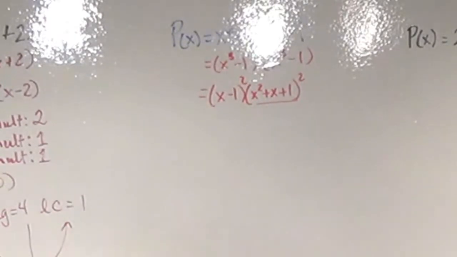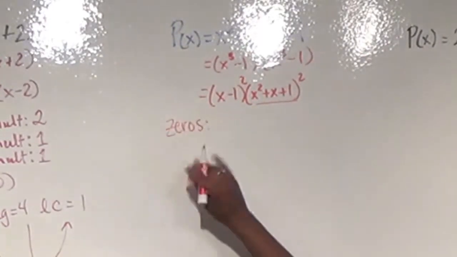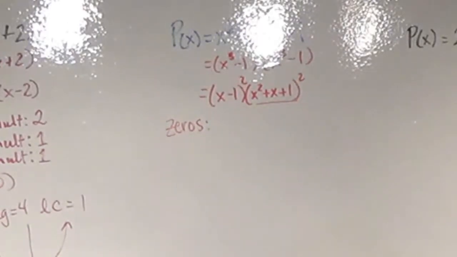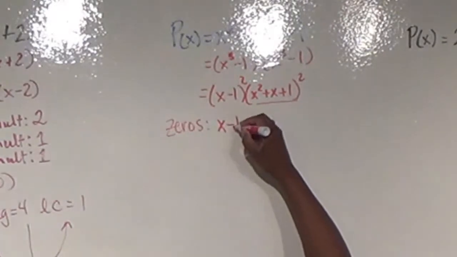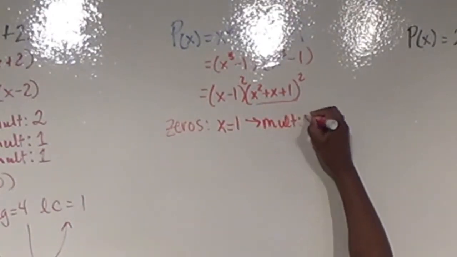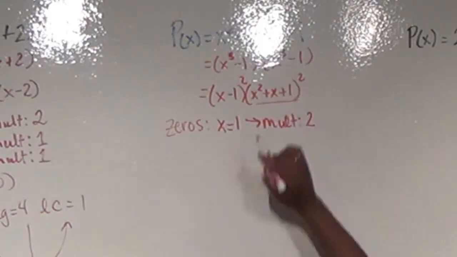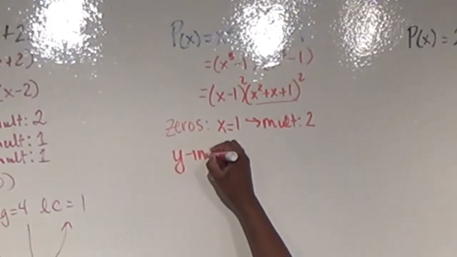Okay? And so here, when we look at the zeros, again, you're thinking set these equal to 0 and solve. From this one, I get x equals 1, and we can see that the multiplicity there is 2. But over here, if I try and set this equal to 0, I get imaginary numbers. Okay? So this is my only real 0 for this polynomial. Okay? I still want to find the y-intercept.